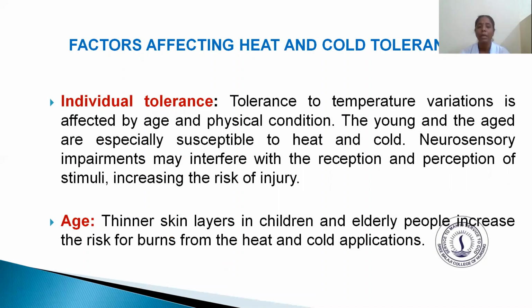Neurosensory impairments may interfere with the reception and perception of stimuli, increasing the risk of injury. That is called individual tolerance. An individual may be a very aged person, so their tolerance level is impaired. So what will happen? Sometimes risk for injury. So this is an important factor affecting the heat and cold tolerance.